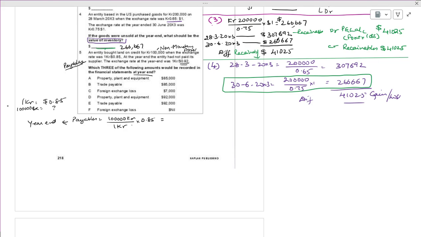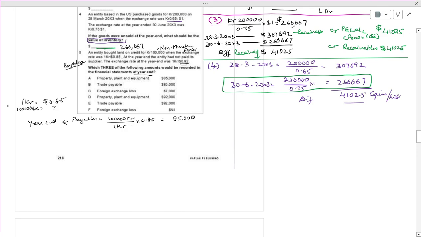1 KR is equal to $0.85. Then it comes to 85,000. Is that 85,000? Fine.